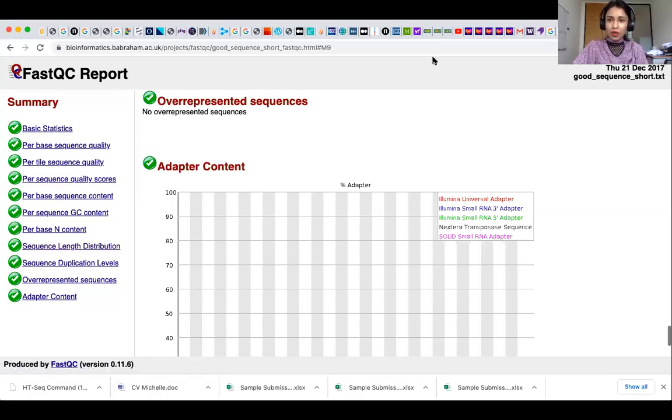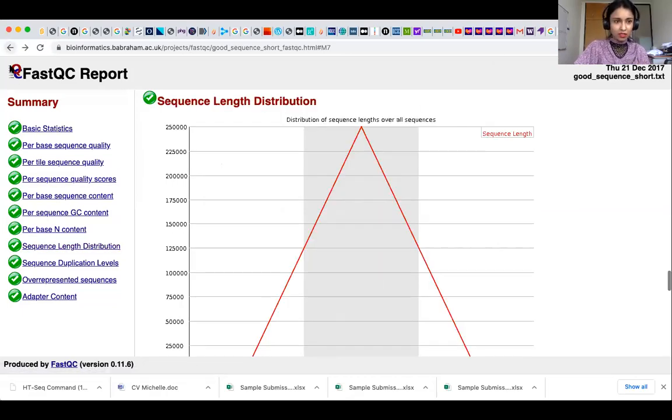Okay, so now I'll just show you how bad sequencing data looks.